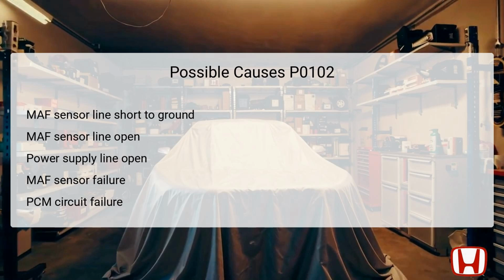Another potential issue could be an open circuit in the MAF sensor's power supply line, meaning that the sensor simply is not receiving necessary voltage to operate correctly. Additionally, a failure of the MAF sensor itself cannot be ruled out, as internal faults can also generate the low voltage condition. Lastly, it is important to consider a potential failure of internal circuits in the PCM, as it processes and monitors signals from various sensors, including the MAF sensor.